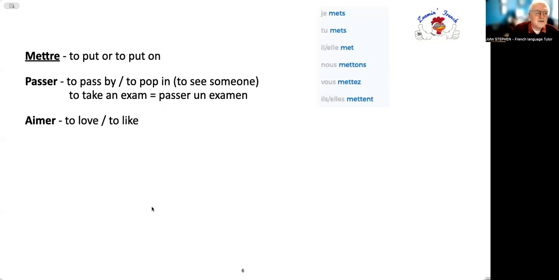Aimer, meaning to love or to like something or someone, is again a straight ER verb, which conjugates in the normal way. Parler, to talk or to speak. It's an ER verb and it conjugates in the normal way. So you already know what that is, don't you?